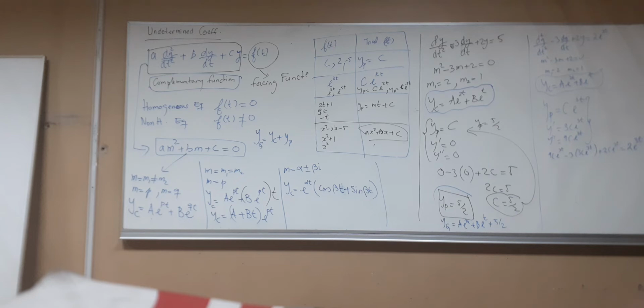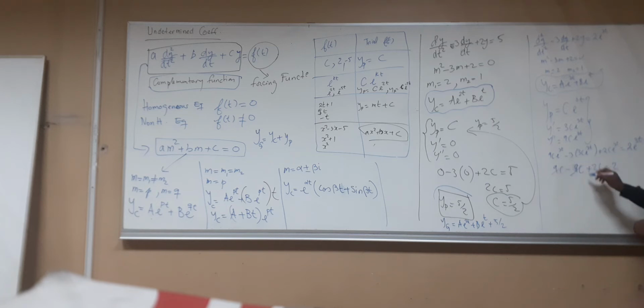So, what are you going to do here? You have to simplify. In order to simplify, you can just multiply everything by 1 over e to the power 3t, and you'll find that you end up with 9c minus 3 times 3c, which is 9c as well, plus 2c equal to 2.